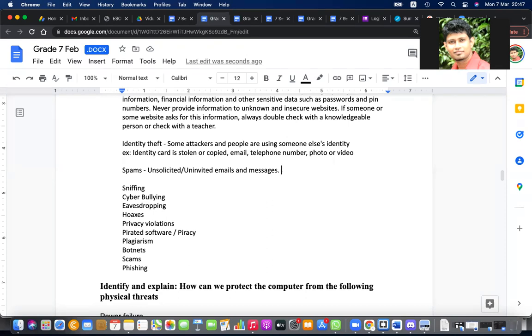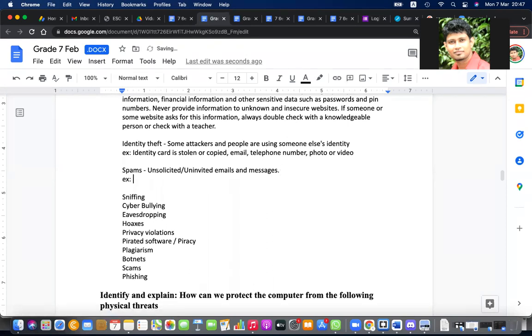So for example, if you love your mother, forward this to 10 people. So you love your mother, so you are forwarding. That is one thing.